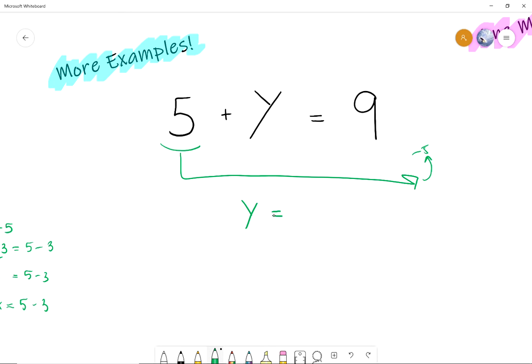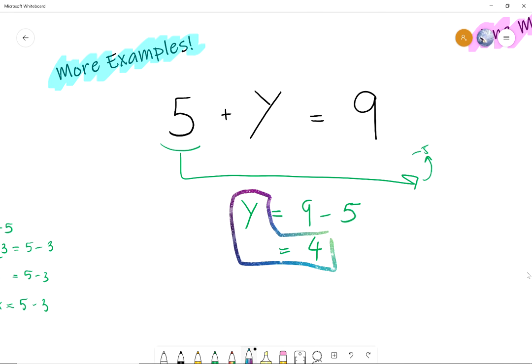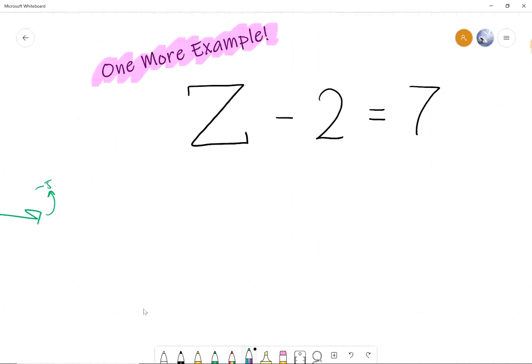Y equals 9 minus 5. 9 minus 5. Great. And how much is 9 minus 5? 9 minus 5 equals 4. 4. And that's my solution right there. Y equals 4. Awesome. Okay, let's see one more example.